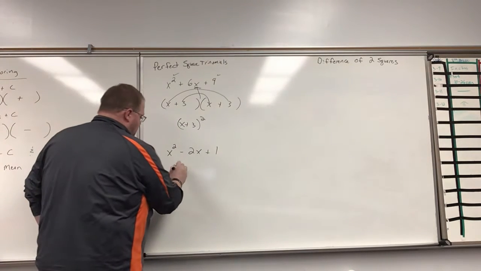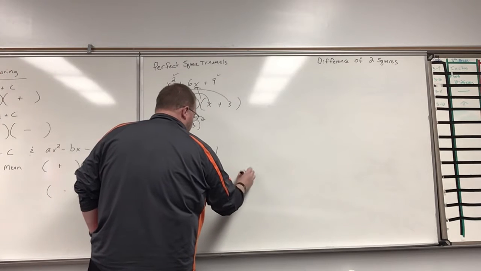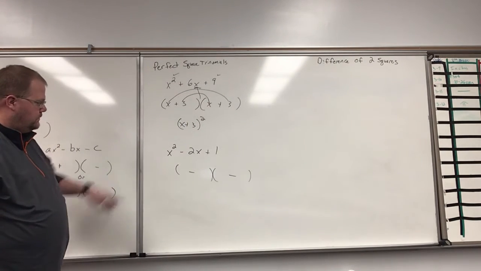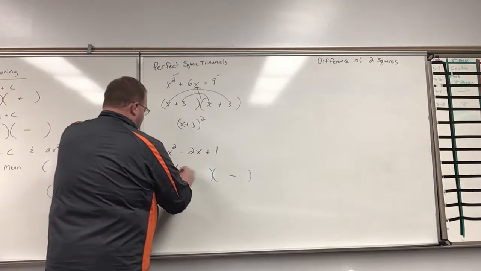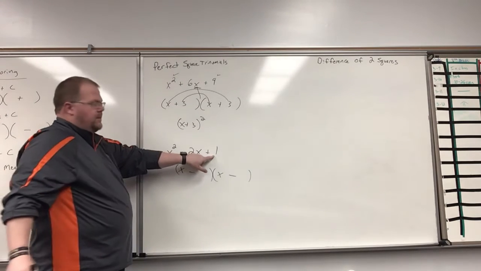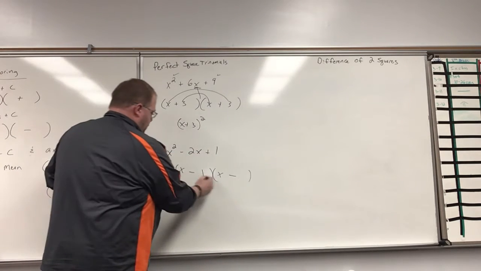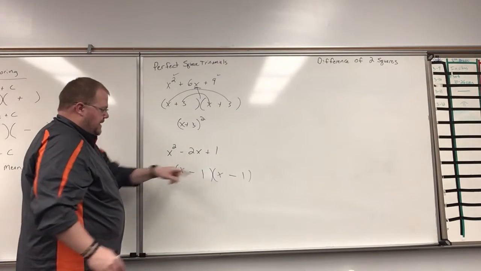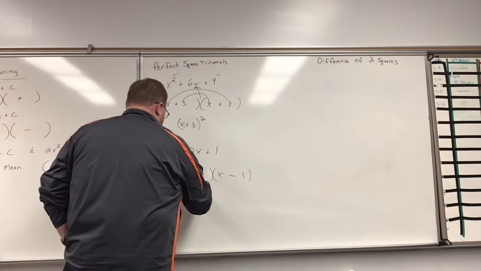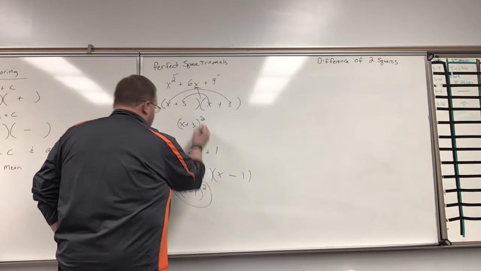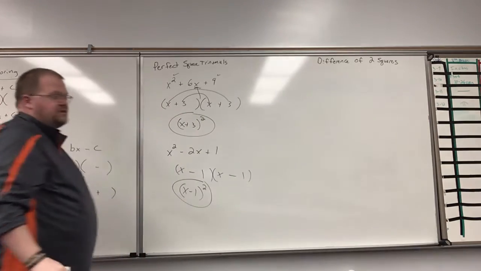Since this is negative, they're both negative. So we know it's minus minus. X squared is a perfect square number. Is 1 a perfect square number? Yes, it is, because it's 1 and 1. So x minus 1 times x minus 1 is equal to x minus 1 squared. So those are the way you should write those two answers.